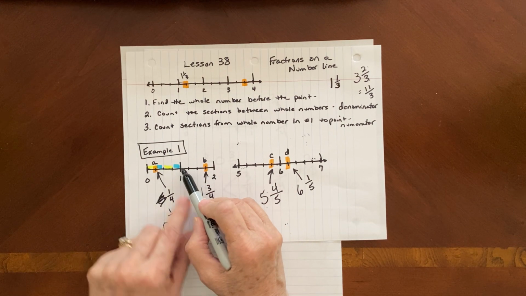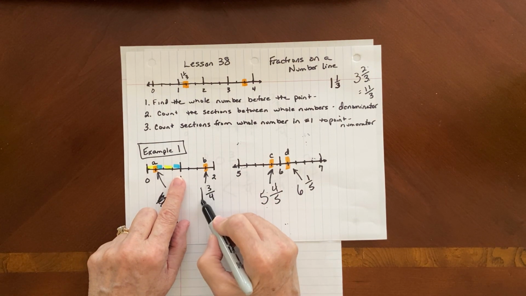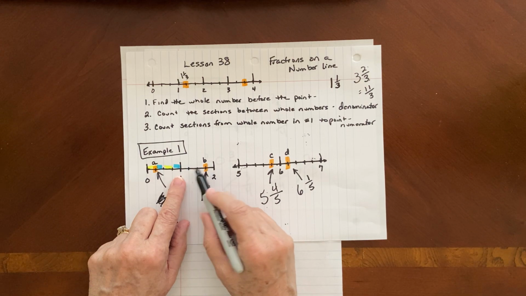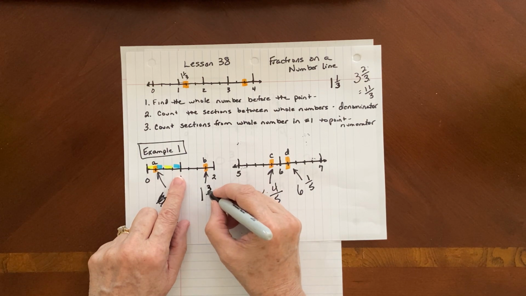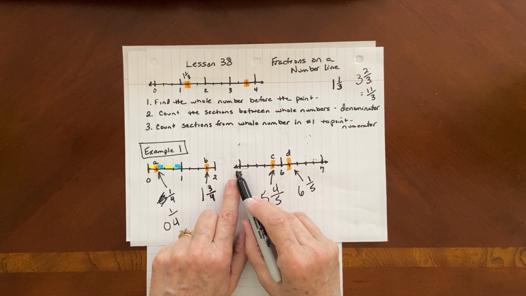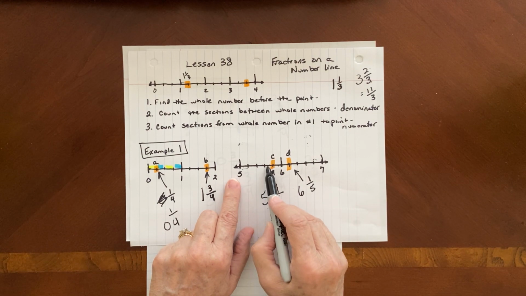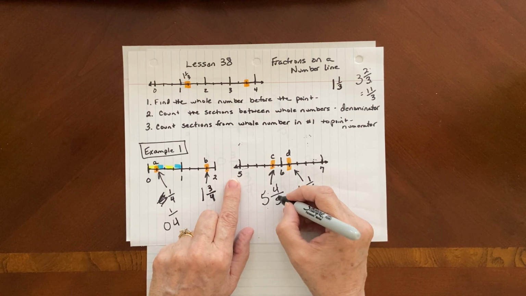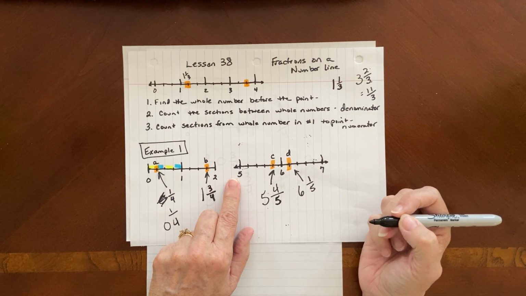Here, I'm going to go to the whole number. I've got 4 sections, so I've got 1, and then I've got 3 out of the 4 sections, so 1 3/4. Here, I've got my 5, but I've got 1, 2, 3, 4, 5 sections. So my denominator is going to be a 5.